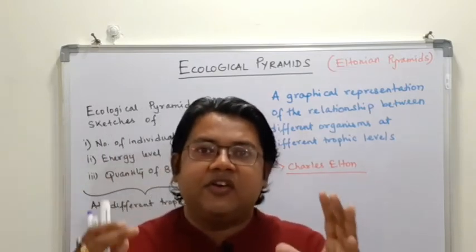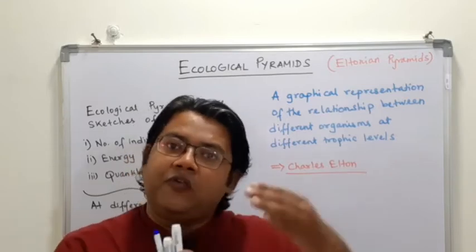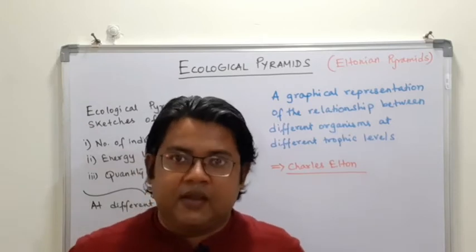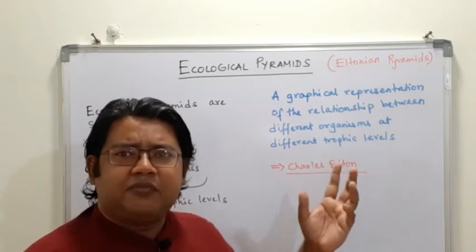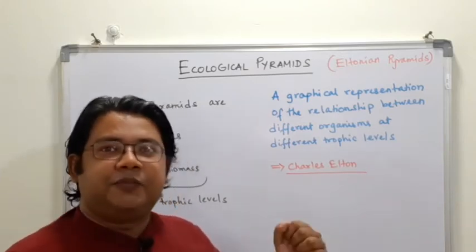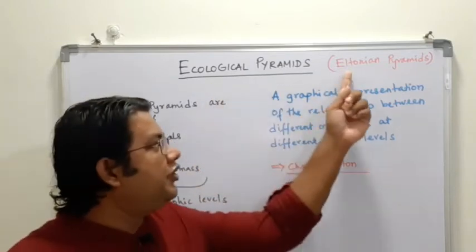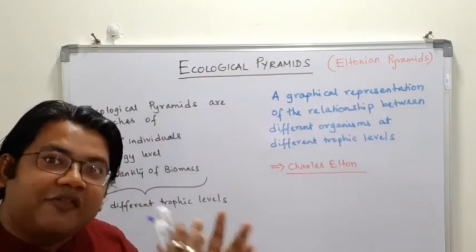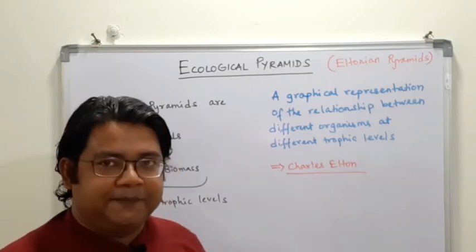It's a graphical representation of the relationships of different organisms which occupy the different trophic levels. This concept was given by Charles Elton, and that's why in some books you will find that ecological pyramids is also called Eltonian pyramids, because the concept of this graphical representation in the form of pyramids was given by Charles Elton.